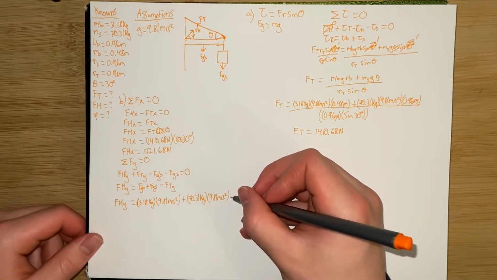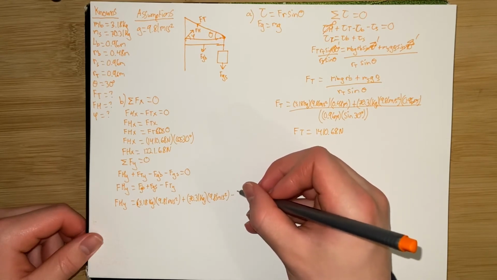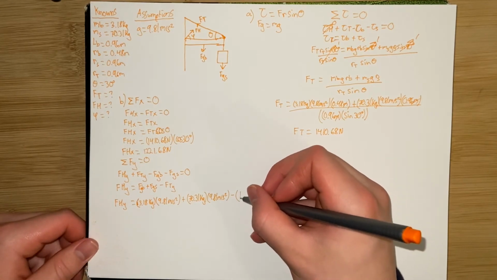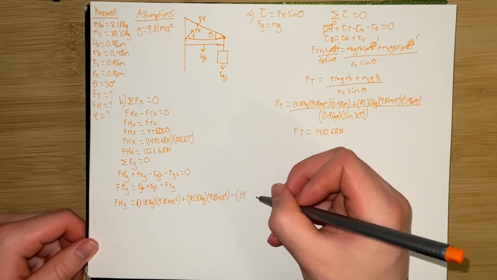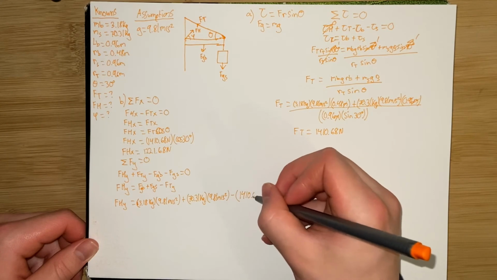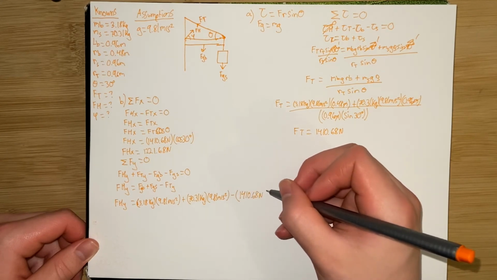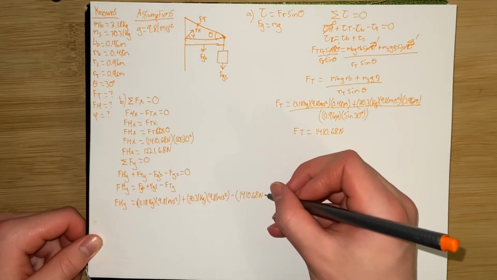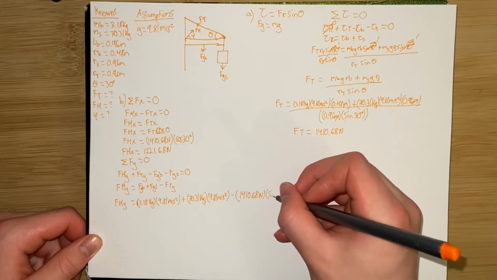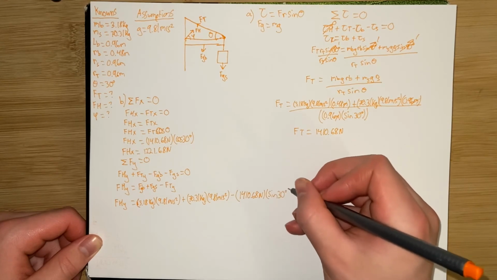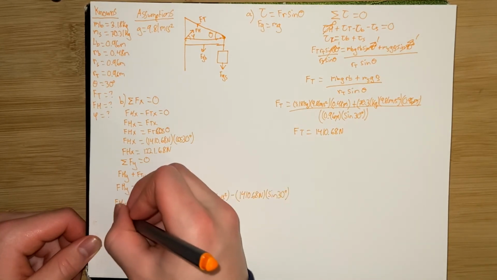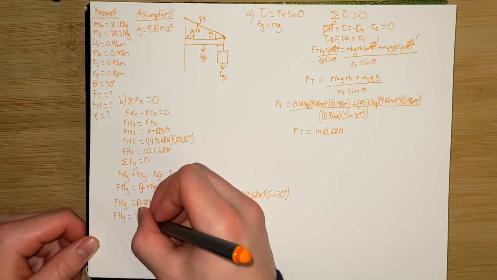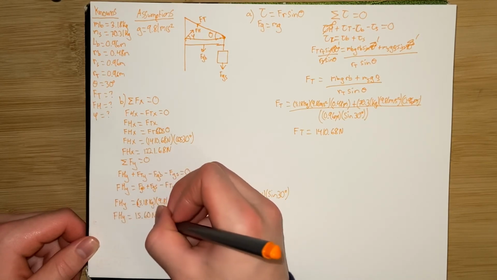And again, that will be subtracted by 1,410.68 newtons. And this time, instead of cosine, we have sine of 30 degrees. Now this will equal out to 15.60 newtons.